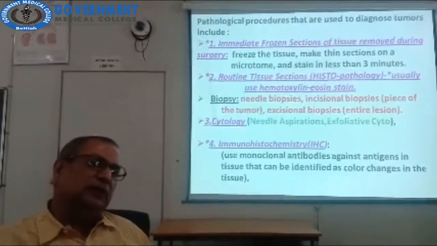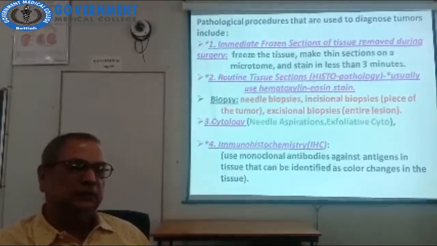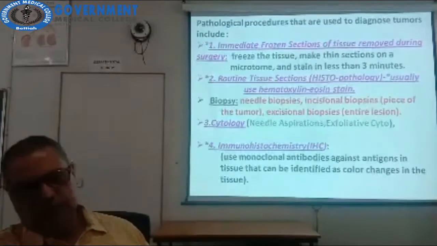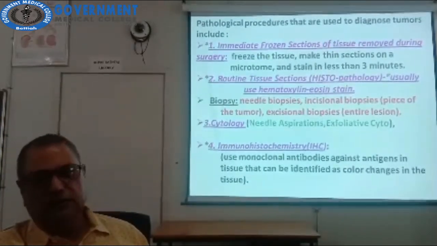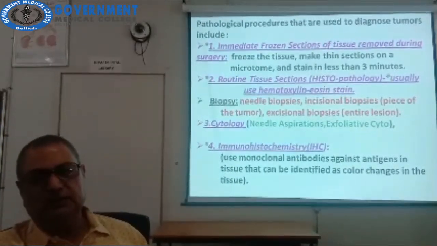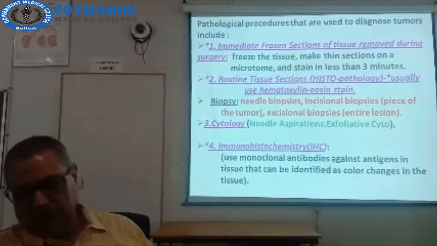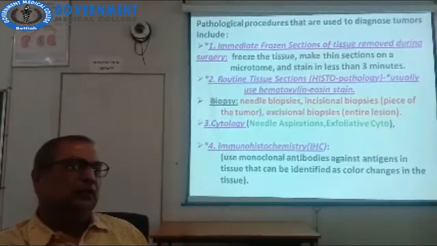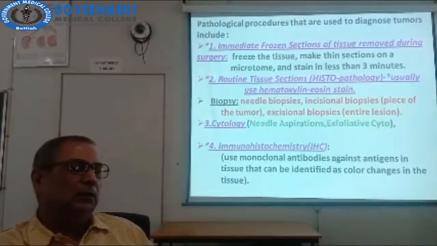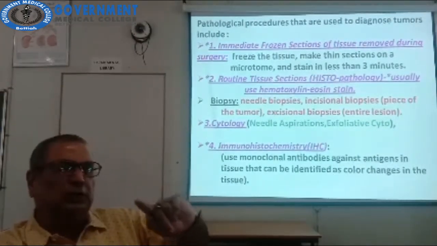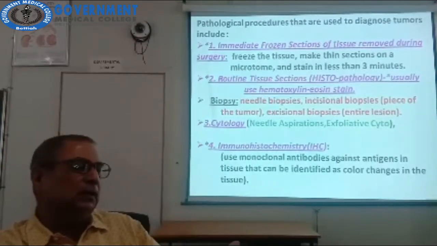Interventional cytology needs some interventions, like fine needle aspiration cytology, FNAC, also called aspiration biopsy cytology, ABC, or imprint cytology, where a bit of tissue is pressed to the glass slide, and the imprint is taken and stained.